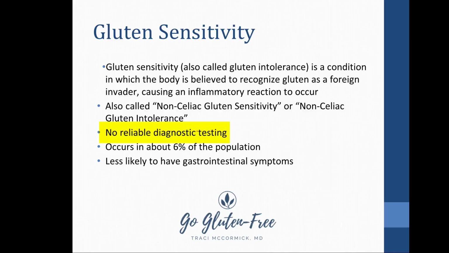But a lot of times these tests will come back negative in people that have a gluten sensitivity. And it can give them a false sense of comfort that gluten isn't their problem, when it really is. So even if you do these tests and they come back negative, if you have symptoms that would suggest that you have a gluten sensitivity, you really should still go on a gluten-free diet for at least a week.